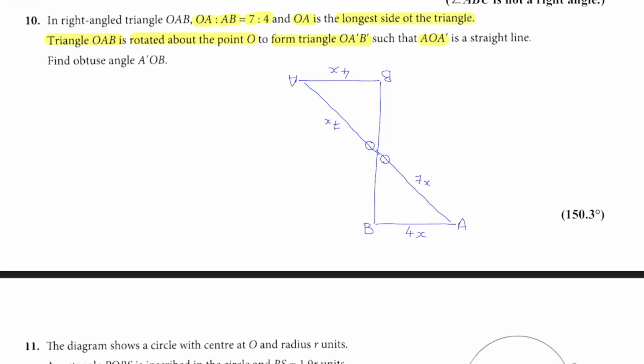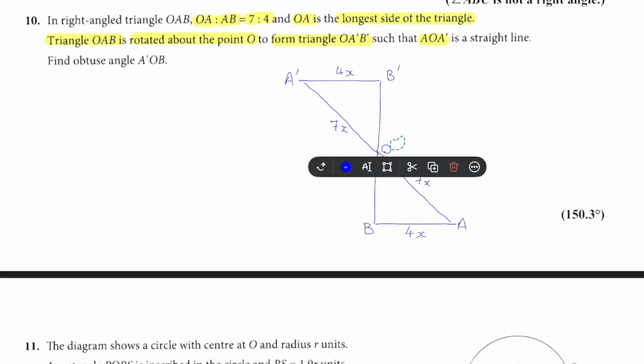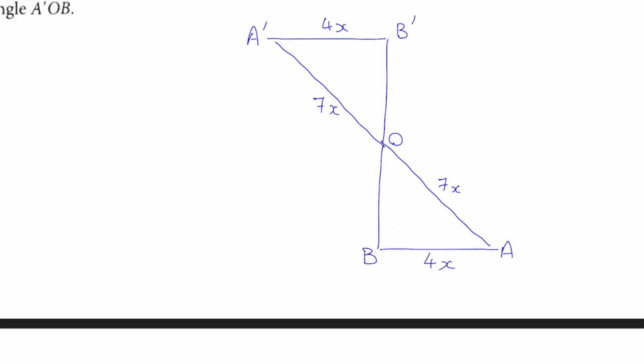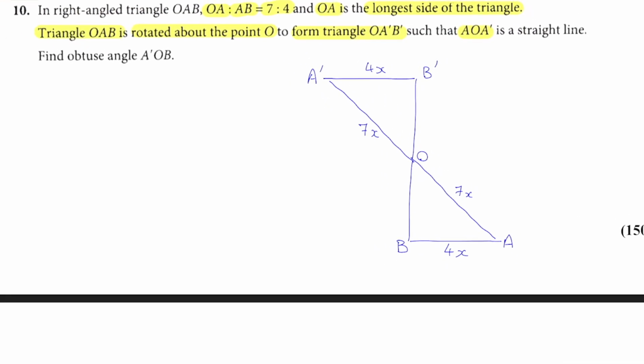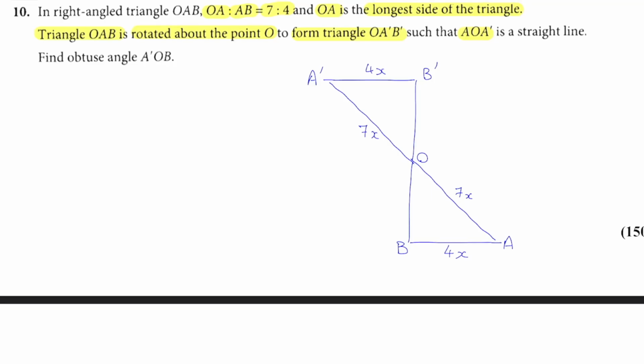Okay, so let me get rid of some of the lines or some of the points and rewrite some of the points first. So this is 7x, this is 4x, this is B prime, this is A prime. Then let me shift the O so that it's a bit more visible. So this is the figure that they want from us.